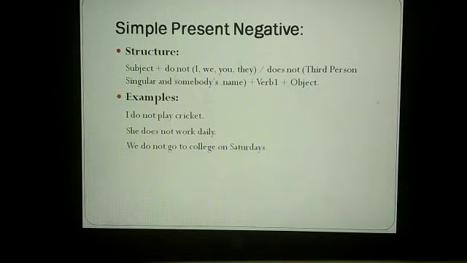And this is very important. After using do not or does not, we use V1 in simple present negative, and then the object. These are examples. I do not play cricket. She does not work daily. We do not go to college on Saturday.